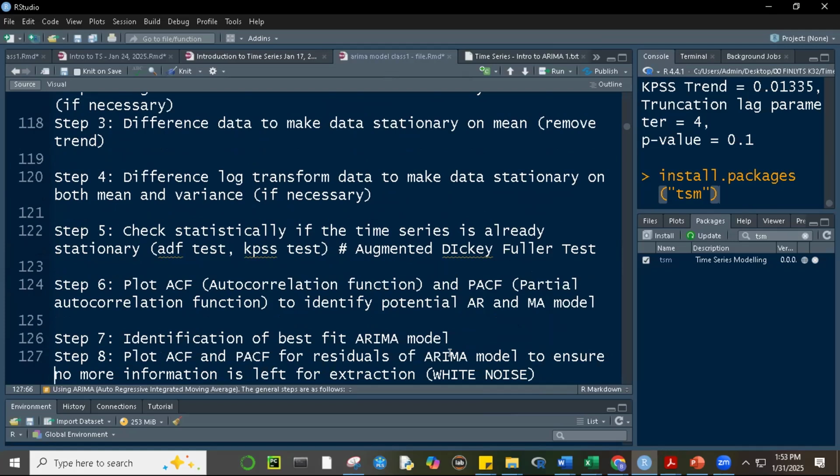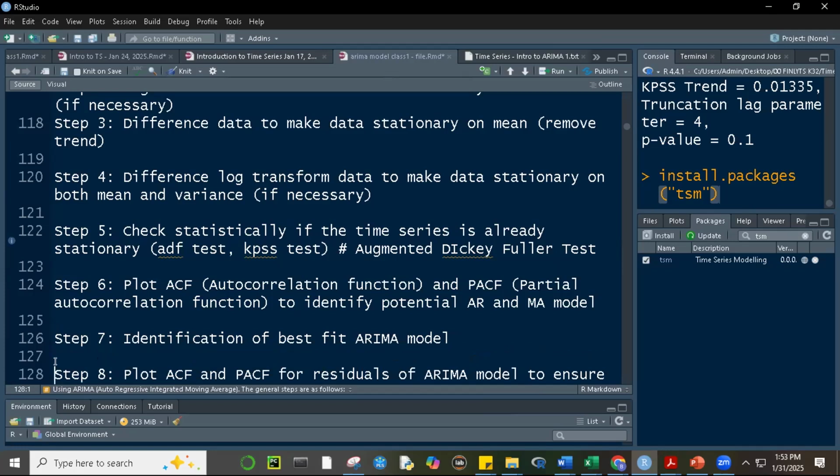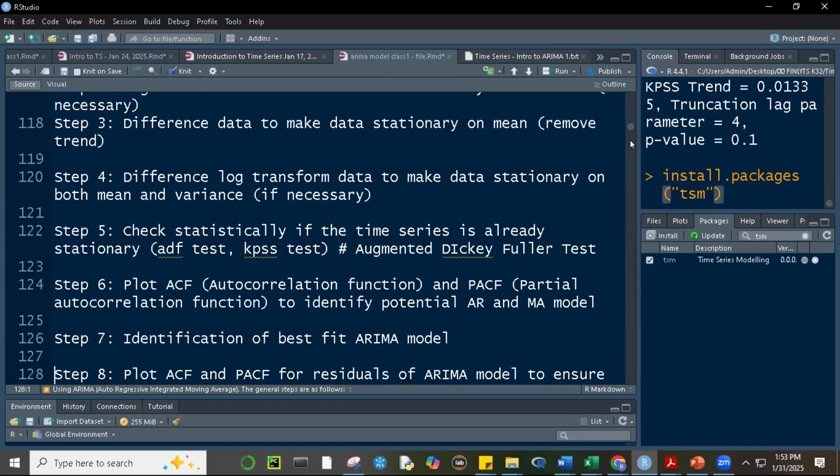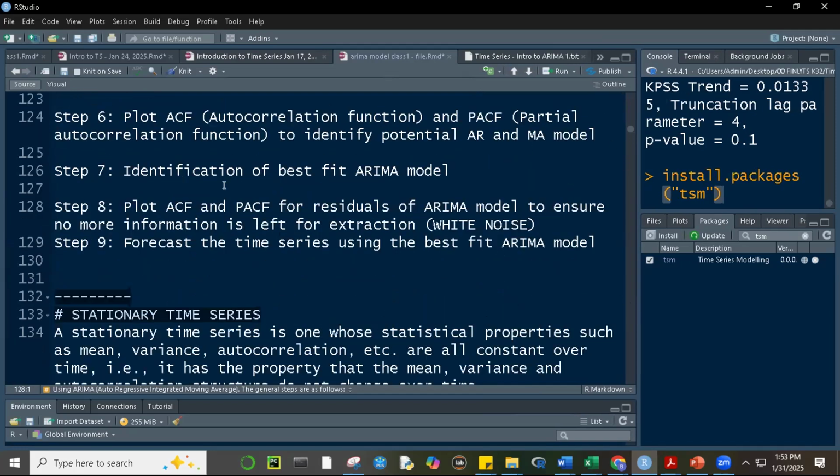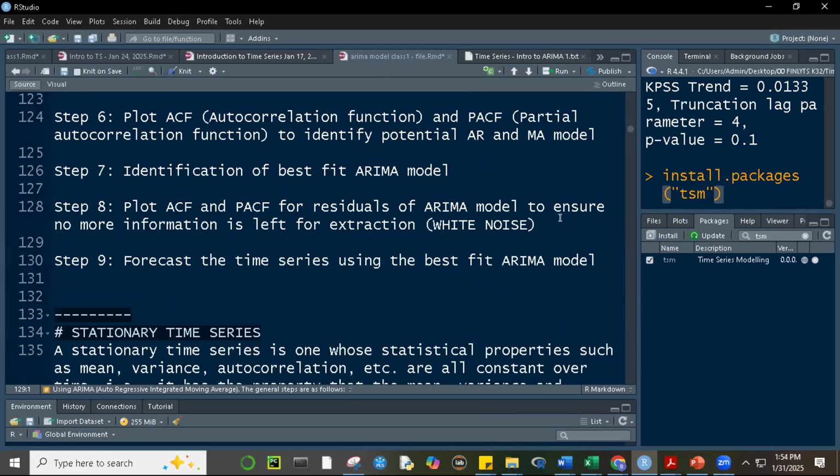Okay, try this, check, try this, check it, try this, check it. One good thing is that with the advent of software like R, it's easier now, class. Just one code, and it already gives you the suggested model. Okay. All right. Then after you have identified the best or optimal ARIMA model, you'll have to once again plot the ACF and PACF.